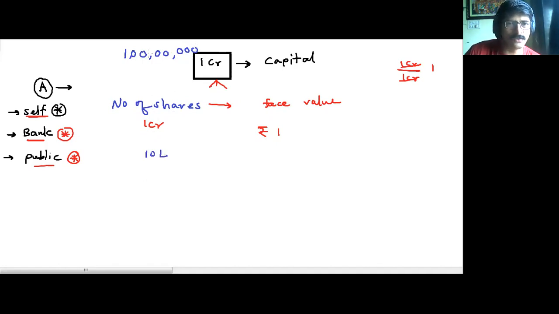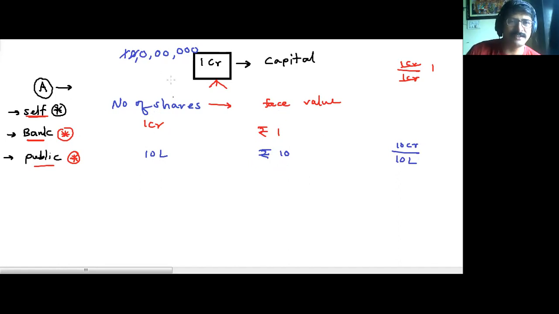So if I divide 1 crore by 10 lakhs, the face value of each share would be 10 rupees, isn't it? 10 lakhs into 10 gives you 1 crore, isn't it? Simple. So if you divide that 1 crore by 10 lakhs, you're going to get 10. So the value of each share will become 10 rupees.